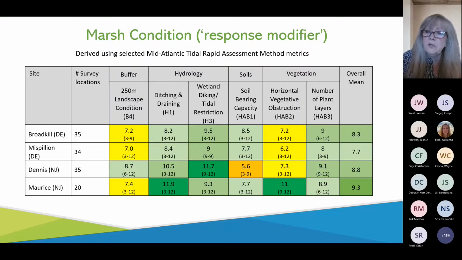It allowed us to look at between site comparisons based on overall condition, which is in the right-hand column, and see some interesting patterns, even though once again, averaged across the 6 metrics that we selected as being most relevant to the attribute we selected. The span of values is not very great, but it also showed some very interesting patterns for the individual metrics, which we also found to be relatively useful for interpretation.